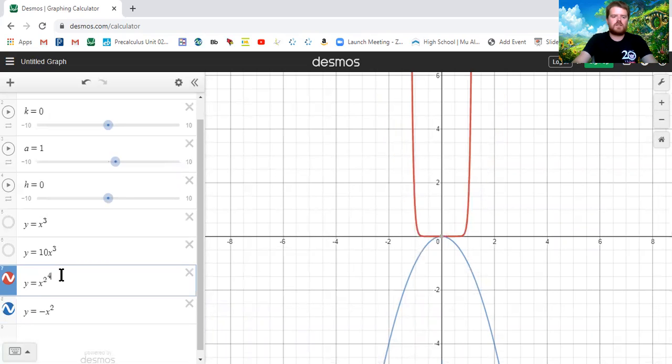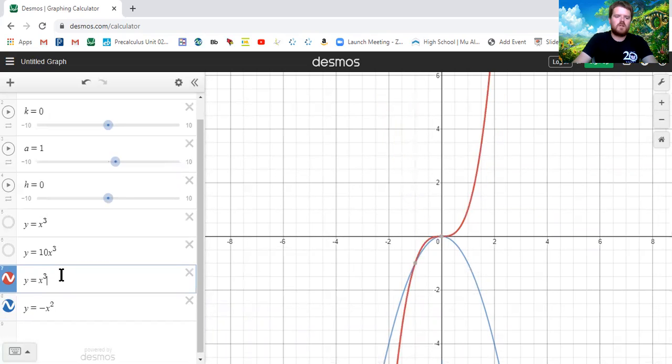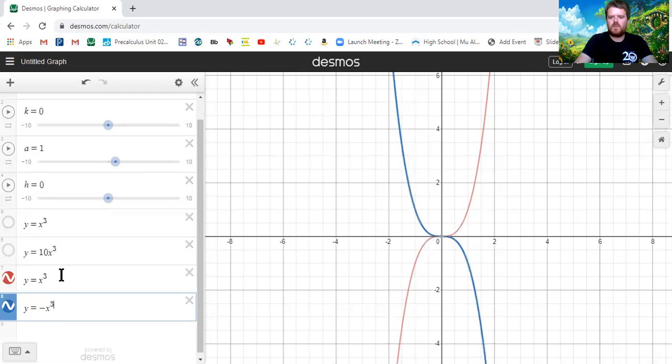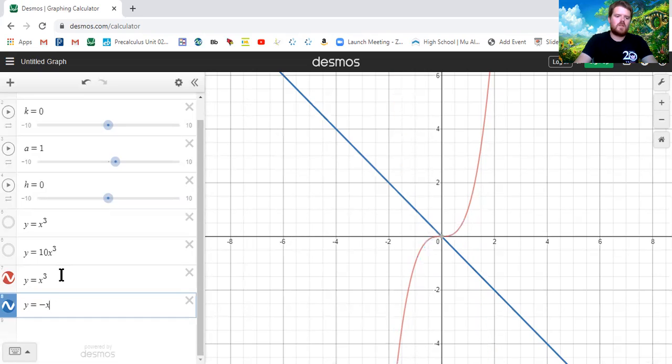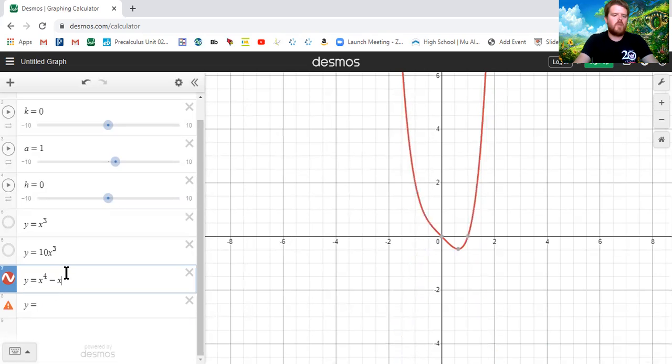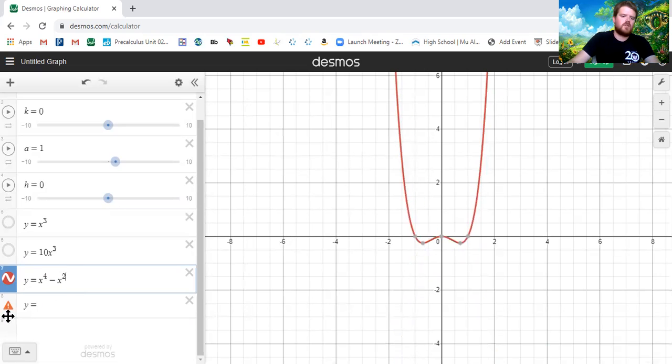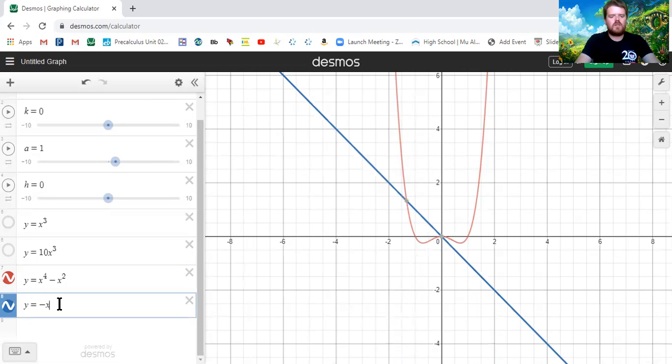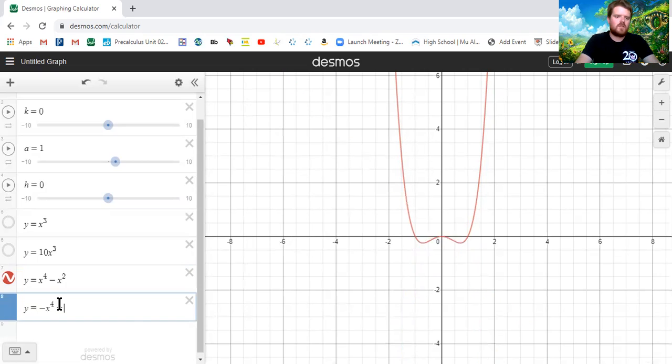If I have x cubed and then negative x cubed, it's reflecting the graph. Y equals x to the 4th minus x squared. Y equals negative x to the 4th plus x squared. Changing that coefficient is going to reflect the graph.